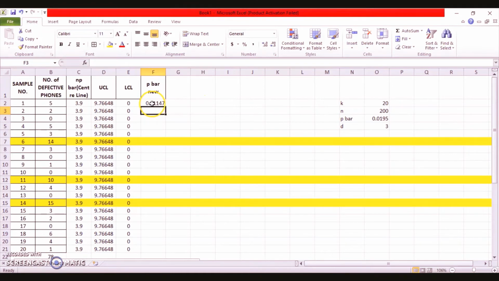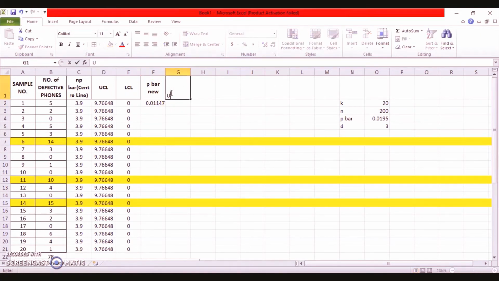Okay, so what we need to do here is very quickly put the dollar sign so that we can get a uniform value for the rest of the sample. That will take less than a minute to do, and it will give us a very easy way for the calculations.